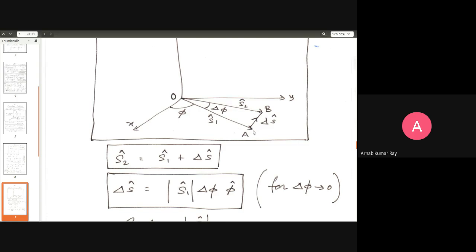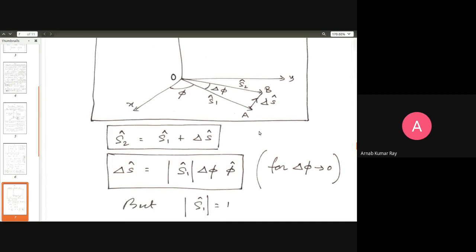You can do it algebraically. That's not difficult, but you can do it without too much workout geometrically. First, let us look at this small triangle OAB. This triangle has three arms of vector length S1 cap, delta S cap, and S2 cap.